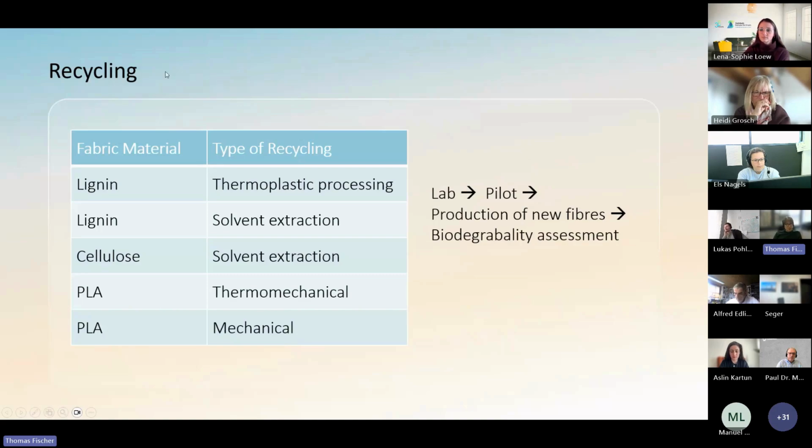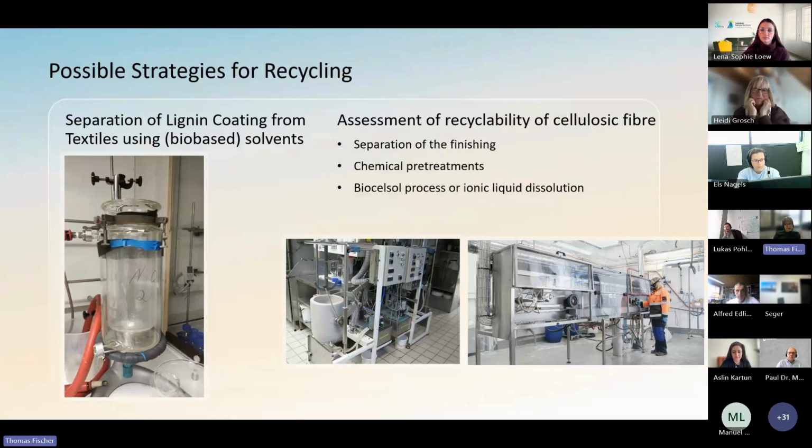Still, we are exploring different types of recycling, thermoplastic processing or solvent extraction. So you need for all the materials the right technology and approach for the best recycling. We do this with our partner in lab scale and then also do the upgrading. Currently, our digital twin is not covering the recycling, but this might be an option for the future.